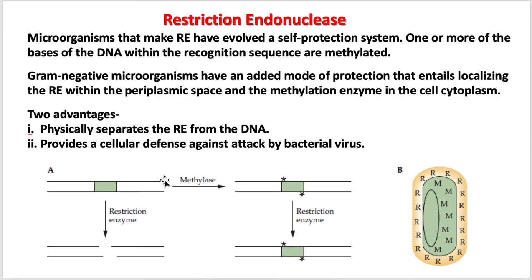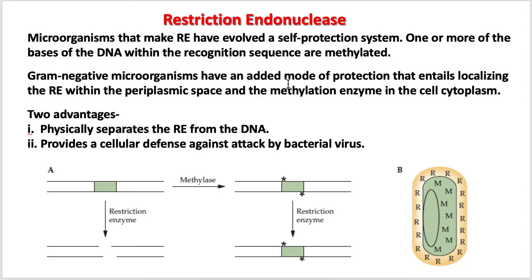So how do the bacteria protect themselves? They produce these enzymes. Whenever an invading organism attacks them, they use this enzyme to cut the DNA of that attacking organism and kill it. By this way they protect themselves.